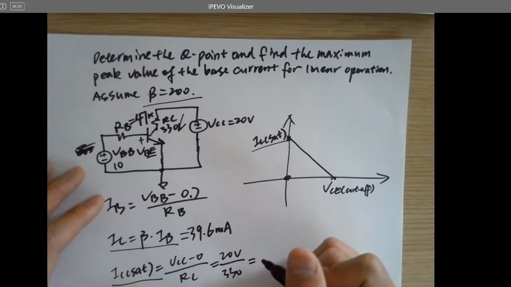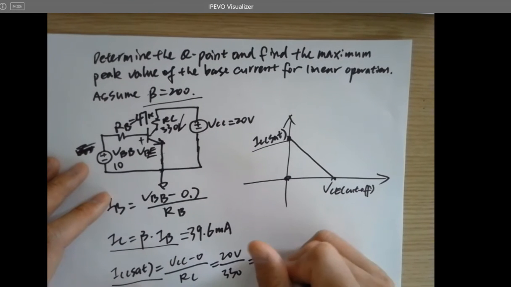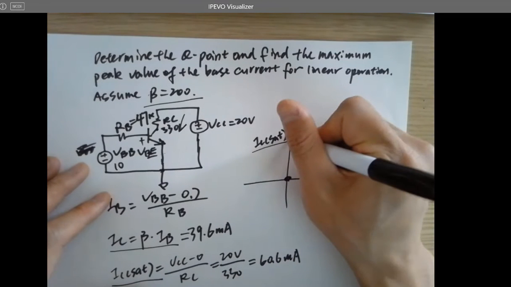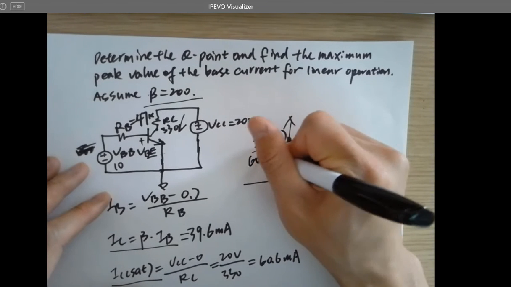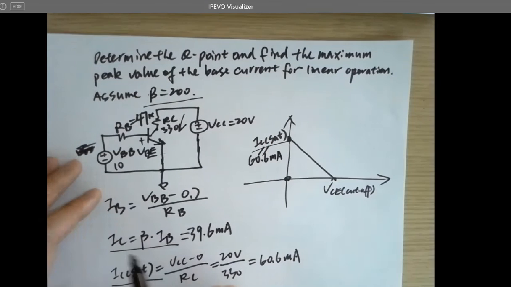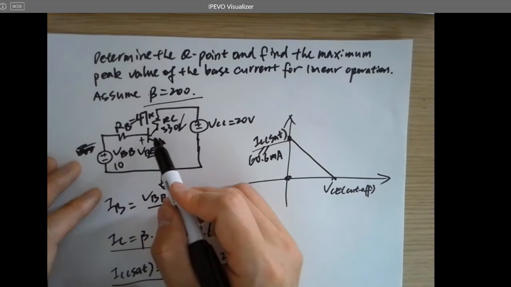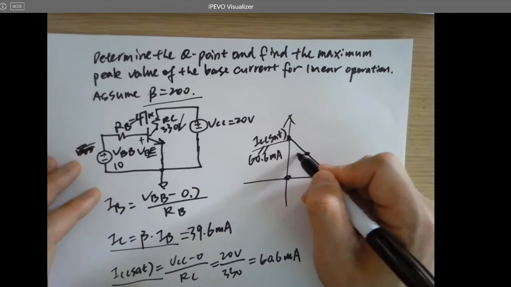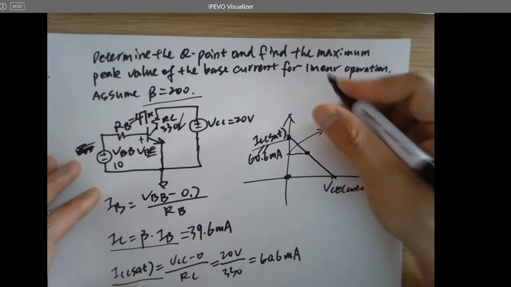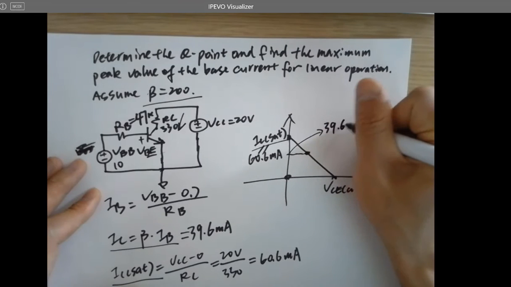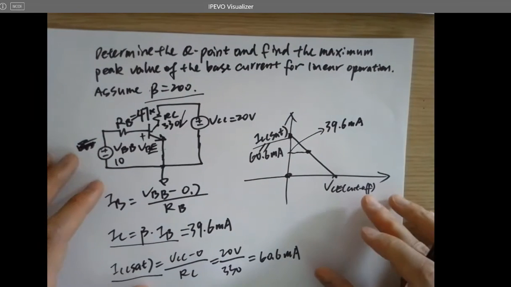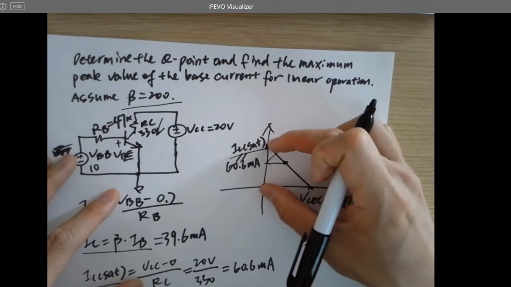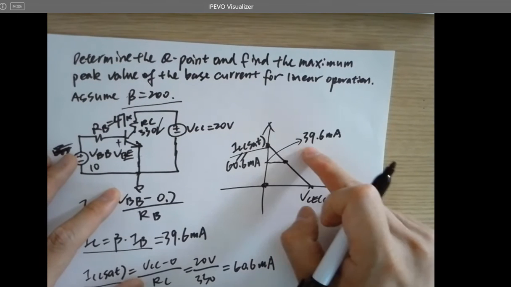I think this is 60.6 milliamps. So this point here is 60.6 milliamps, but now this NPN is being biased at a different IC, which is here, right? So this point here is 39.6 milliamps. So this is 60.6 milliamps, and now it's being biased at this value.